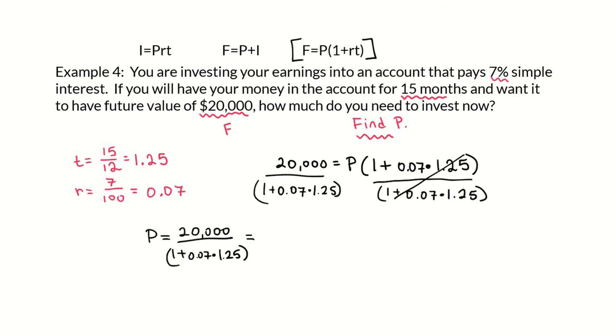Now you can calculate this in one step so long as you follow the order of operations, but I'll go ahead and calculate this quantity. We get 20,000 divided by 1 plus 0.07 times 1.25, which is 1.0875, which gives a principal value of approximately $18,390.80.